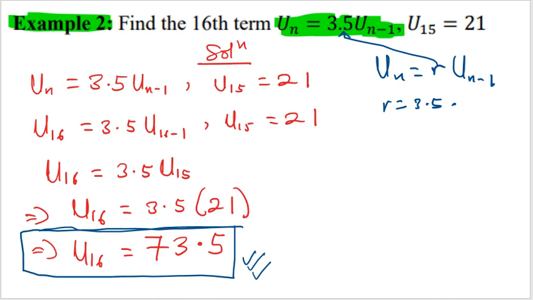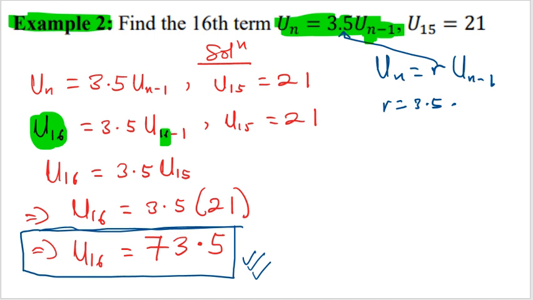The most important thing is we need to find the 16th term. Finding the 16th term means that we are finding U16, and U16 means wherever I see n in the recursive formula, I put 16 there. So when I put 16 inside, I get 3.5 U16 minus 1, which gives me U15.